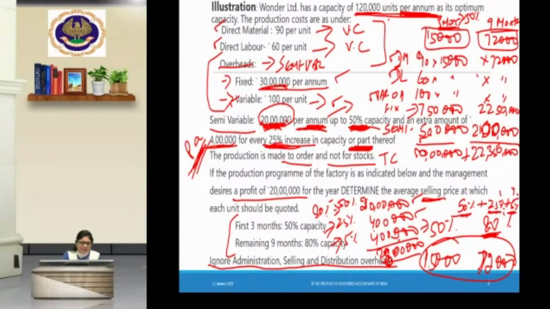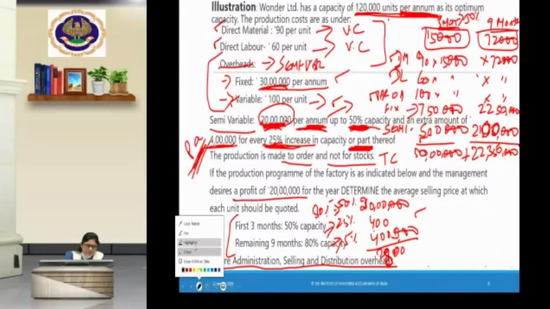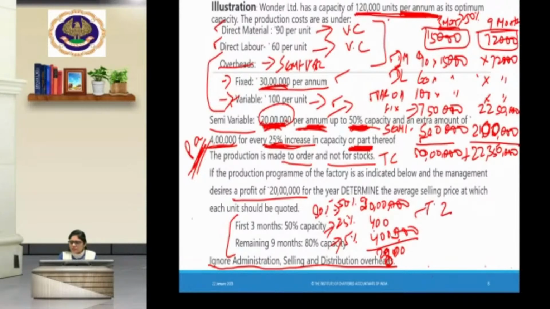The total is, let me just write it over here. So the total cost for the full year, 2 crore 73 lakh 50,000, is the total cost. Plus profit.